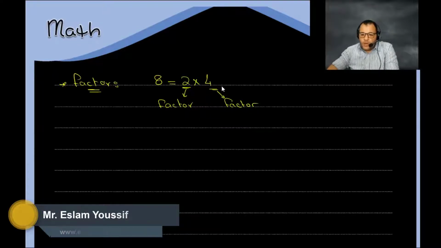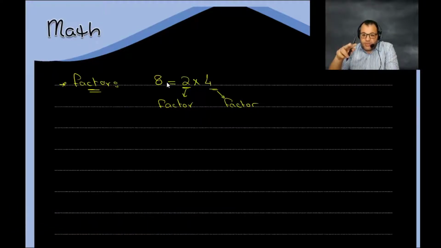So 2 and 4 are called the factors, the two numbers that you multiply together to get 8, which is called the product. The two numbers that you multiply together to get the product are called factors.